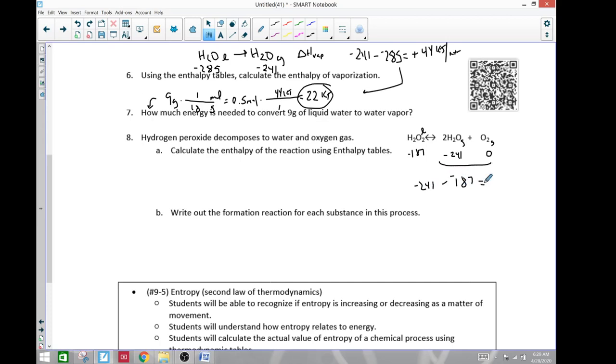And this is going to be an exothermic reaction, so negative 241 minus a negative 187 is negative 54. Negative 54 kilojoules per reaction cycle.